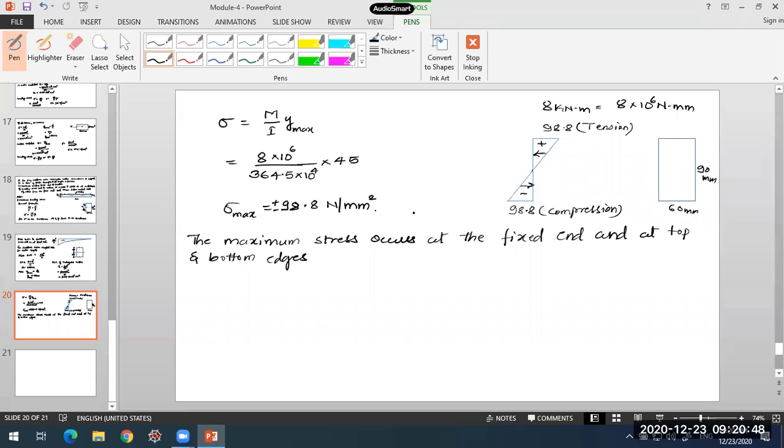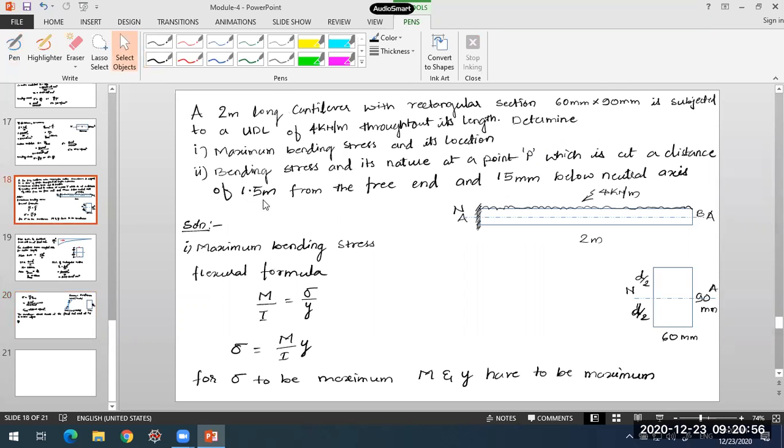Like for example, in this second part of the question, what is asked here? It is asked to determine the bending stress at a distance of 1.5 meter from the free end and 15 mm below the neutral axis. So I'll be finding the bending stress somewhere over here at this location.